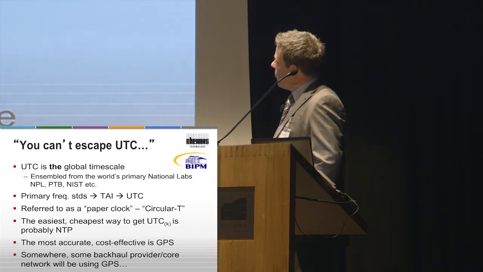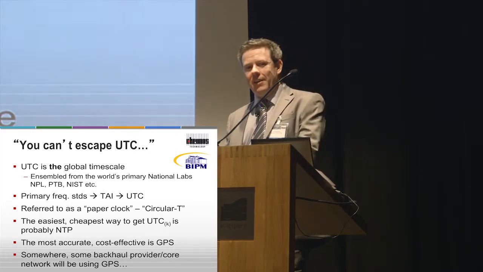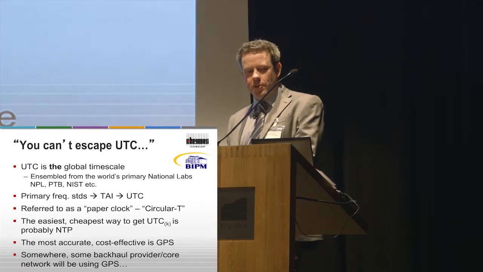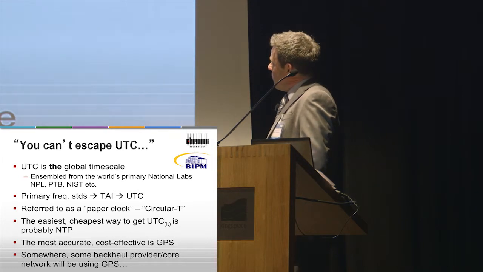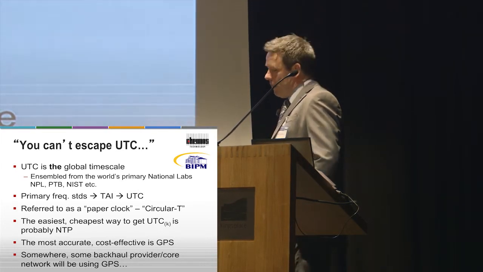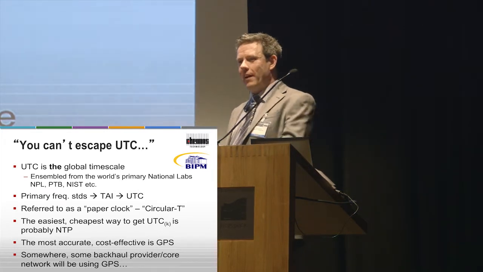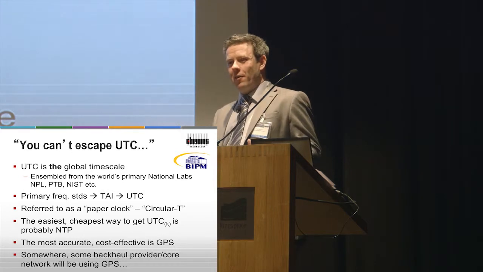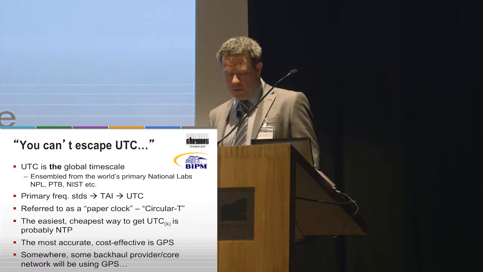So UTC is this global timescale. It's referred to as a paper clock because it's an ensemble of everybody's clock, you can't actually connect to it. So the closest you can get to it is either connect to something that's connected to a source of UTC, either GPS or NTP, and then when this Circular T is published, you can find out in the past how close the clock you connected to, how close their contribution was.